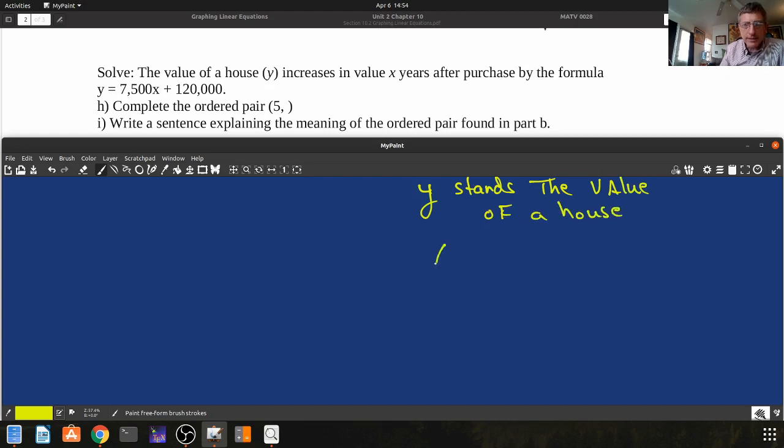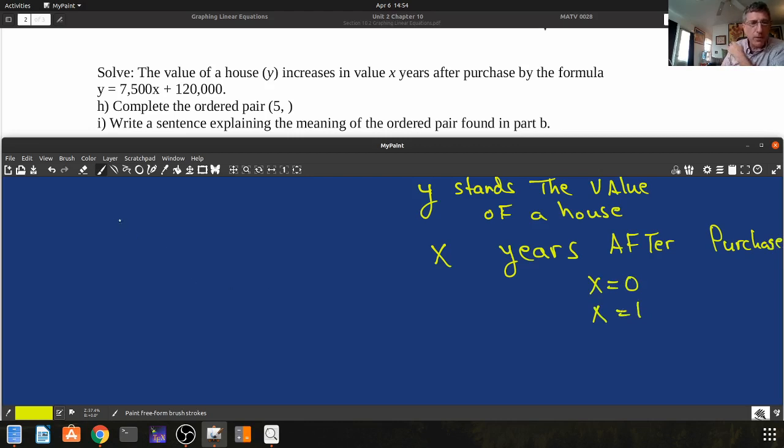And X in this case is going to stand for years after purchase. So X equals 0 is the time you purchased it. X equals 1 is 1 year after that.